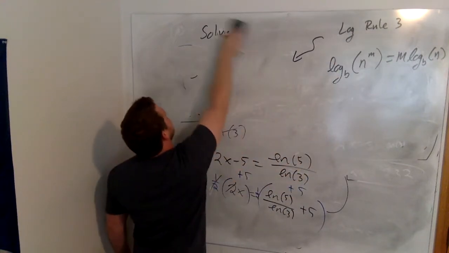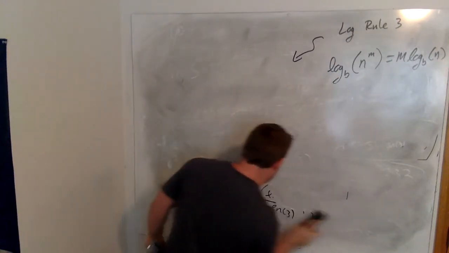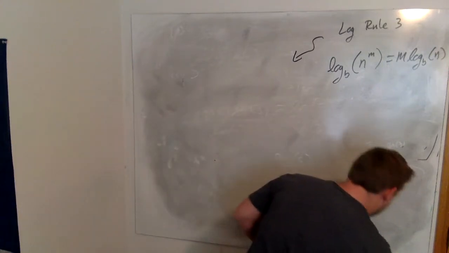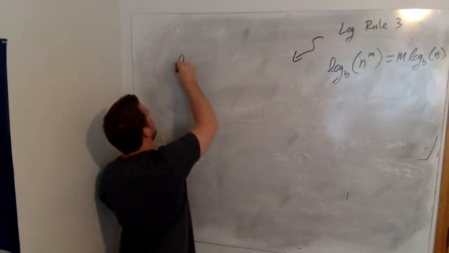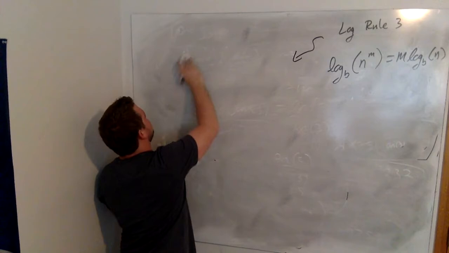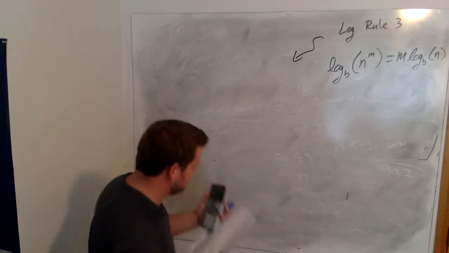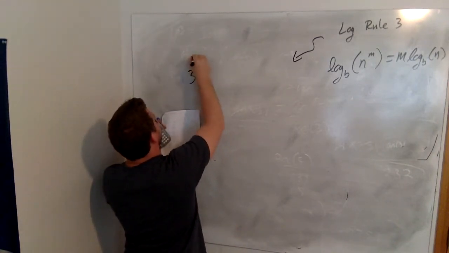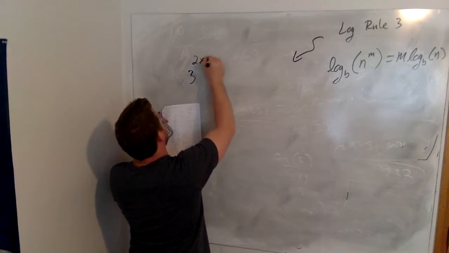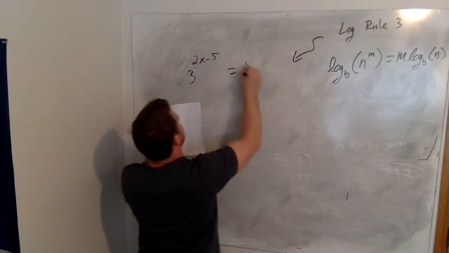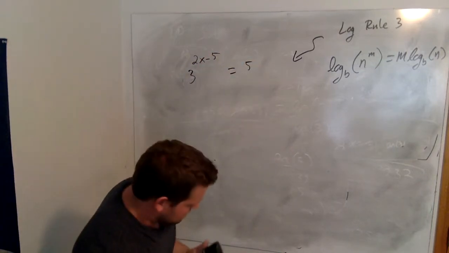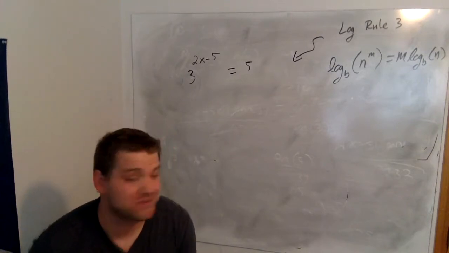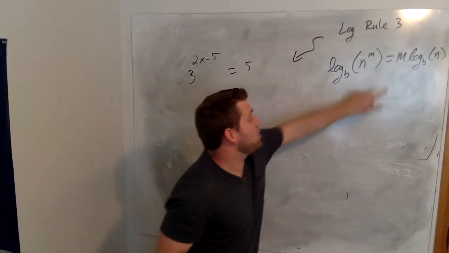For fun, let me show you a different way to solve this. What did we have? We had 3 to the 2x minus 5 is equal to 5. I took the natural log of both sides because I wanted to use log rule 3 here.